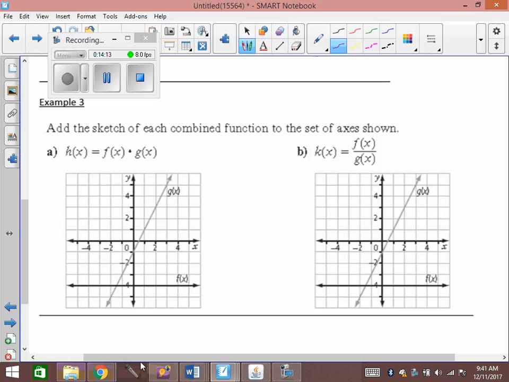So I'm going to start at -2. So at -2, f is -4, g is -5. -4 times -5 is 20. I don't know. It's way past there. It's like it's up here somewhere. Okay.